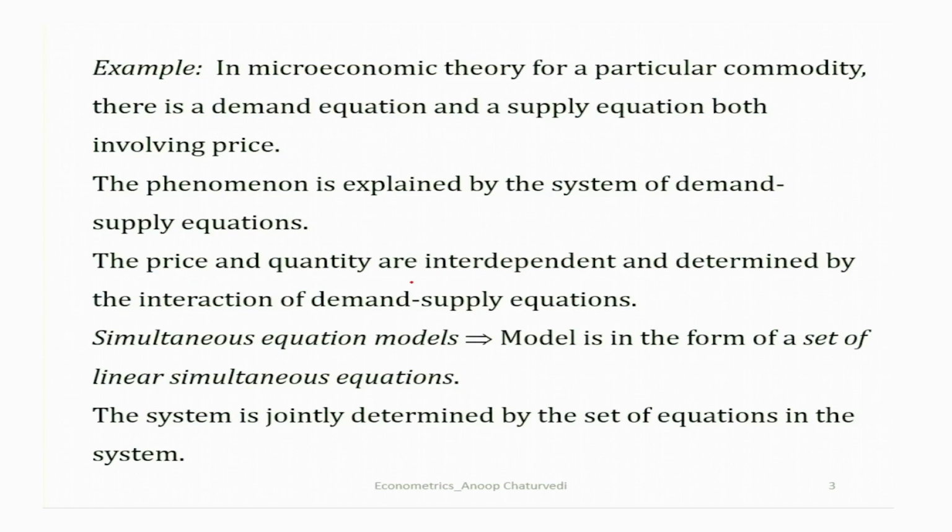So, price and quantity are determined by the interaction of demand and supply equations. So, it is not that price is determining quantity, but not determined by quantity. The relationship is not one way causality, it is somewhat like feedback. Price is determining quantity and quantity is determining price.